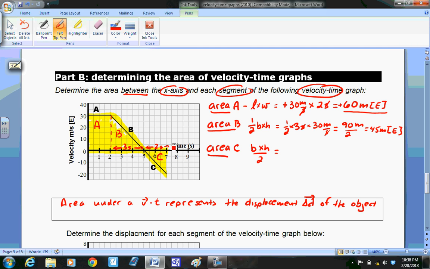I'm just looking at this little component here. 2 seconds times my height. Now my height, you've got to be careful. It's negative 20 meters per second, and this is all over 2. So 2 times 20 is 40, divided by 2 gives me 20 again.